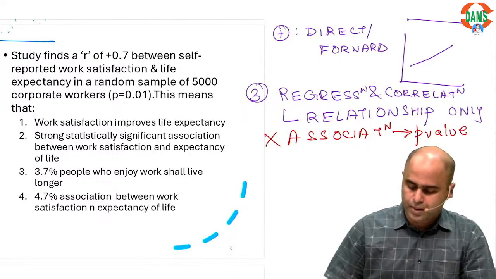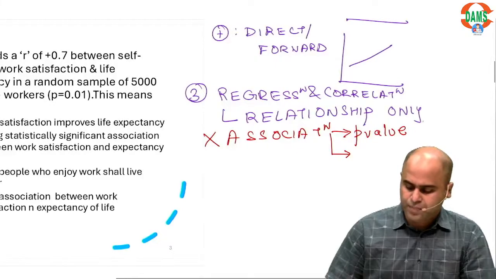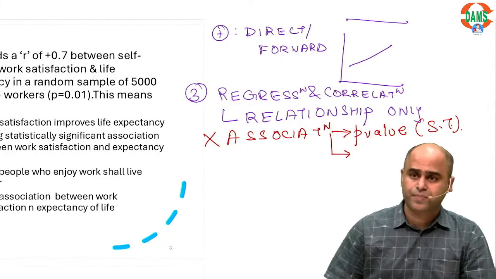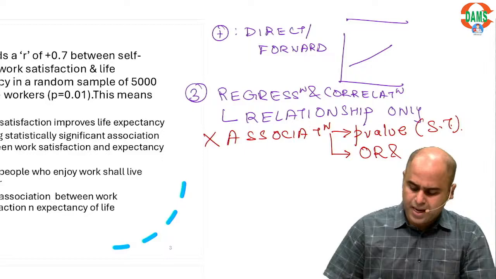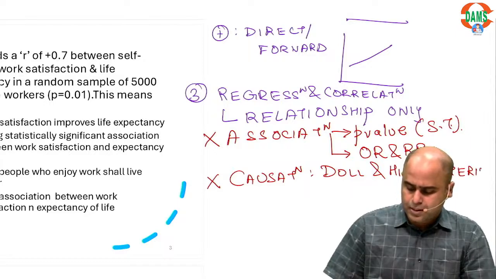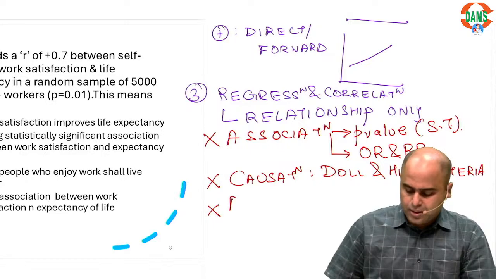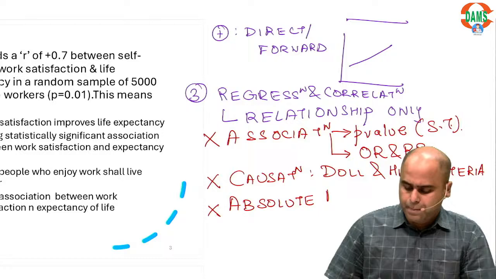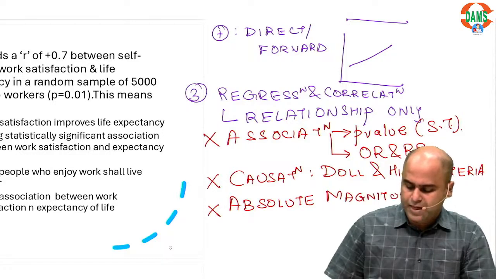P-value, which is calculated from statistical tests, odds ratio and relative risk. They do not tell about causation, which is told by the Doll and Hill criteria, and they do not tell about the absolute magnitude of the variable.